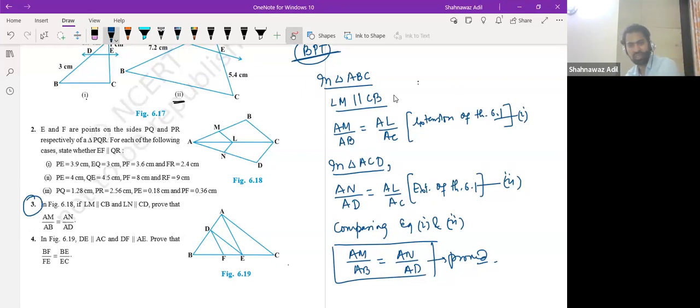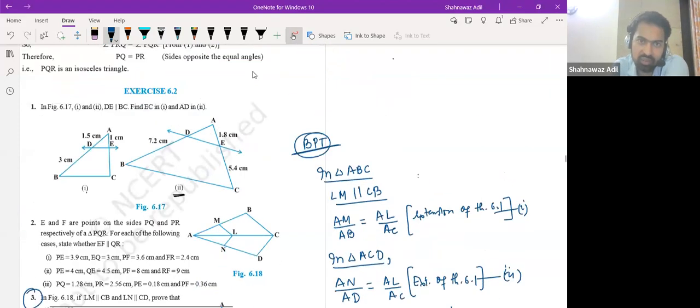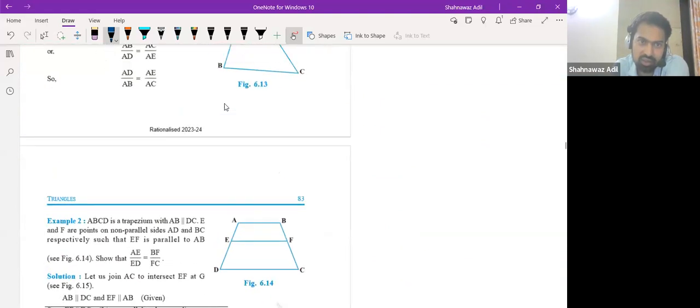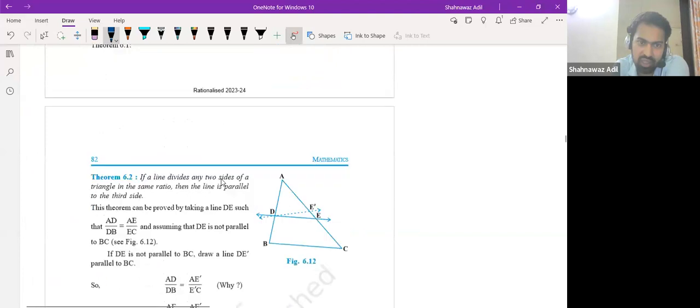Yes, Abir, you were saying something. My teacher also used the same method. I was asking whether it's deleted or something, but it's there in the reader. Yes, it's there in Example 1. So we can use this one.